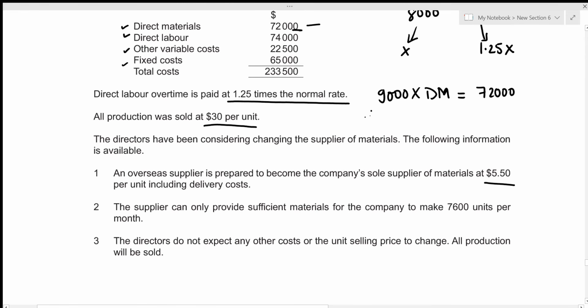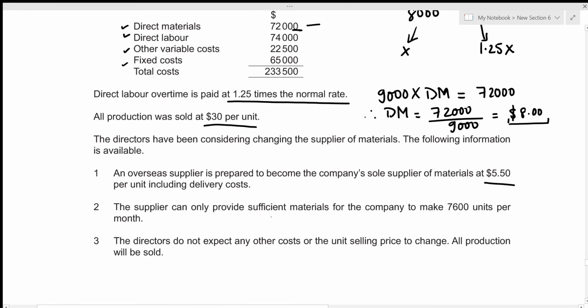So the direct material per unit is 72,000 divided by 9,000, which is going to be 8.00. So previously we paid $8 per unit, but this time the supplier will give us the direct materials at the rate of 5.50, which is a reduction in cost.